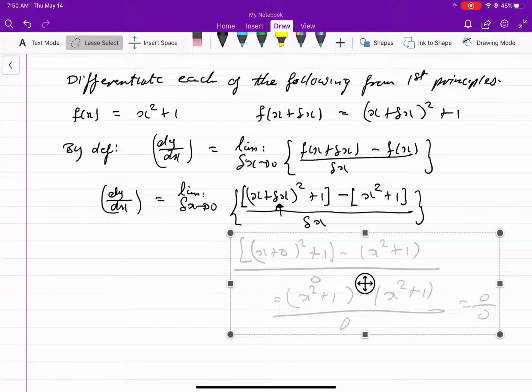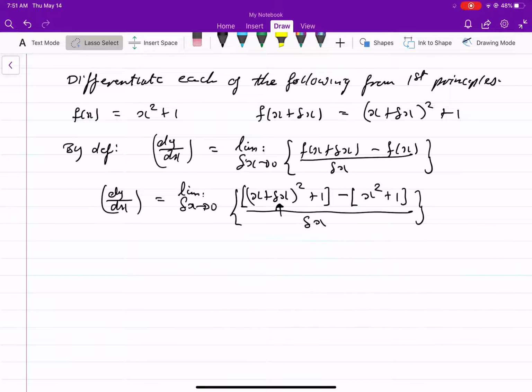0 upon 0 is undefined. And we have to massage the function in some way so that we can re-substitute delta x equals 0. You will always find that to be the case.